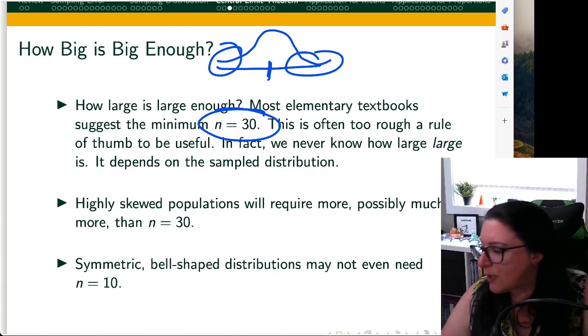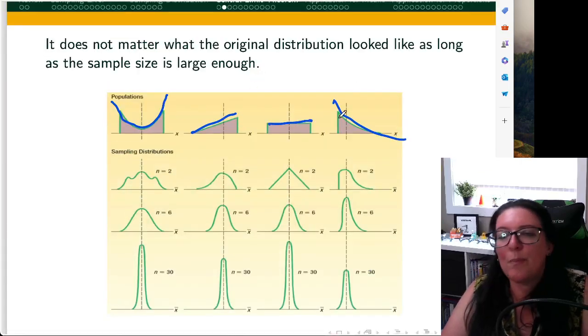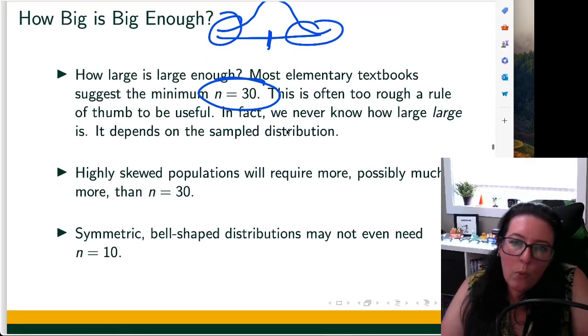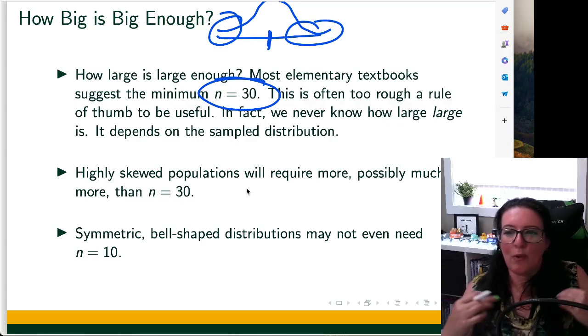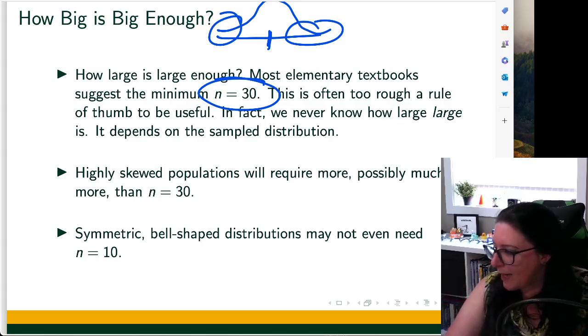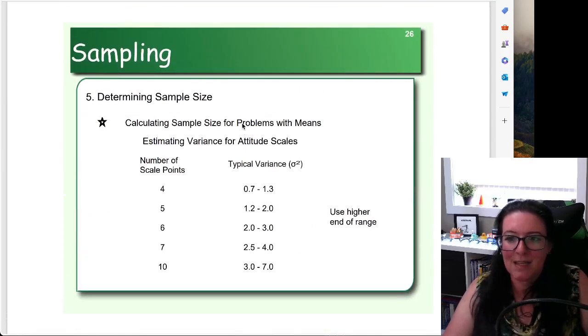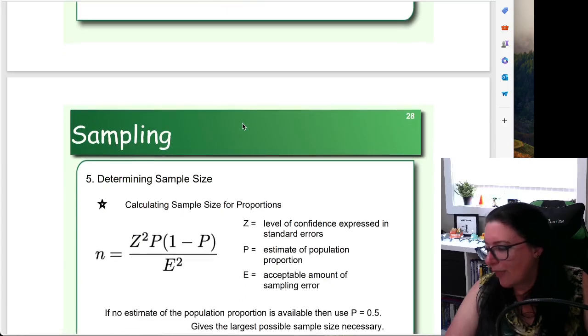The more skewed the population, the bigger the sample size needs to be. Okay. Now we're talking here about this kind of general rule of 30, but as we measure the different types of questions we might ask, then we are looking at potentially a lot more than 30.